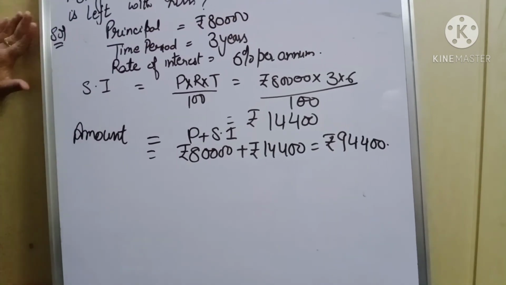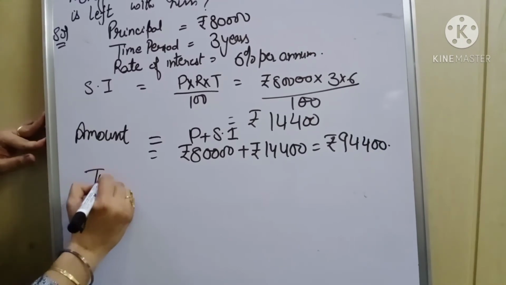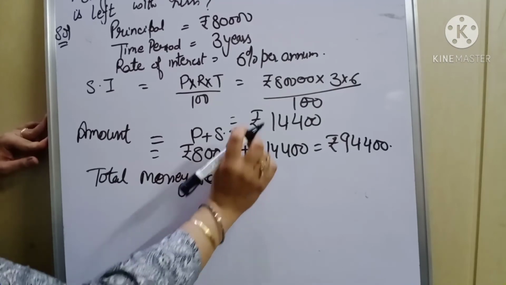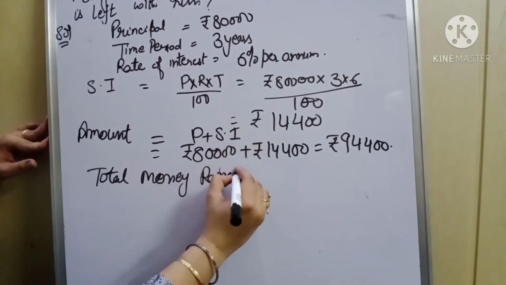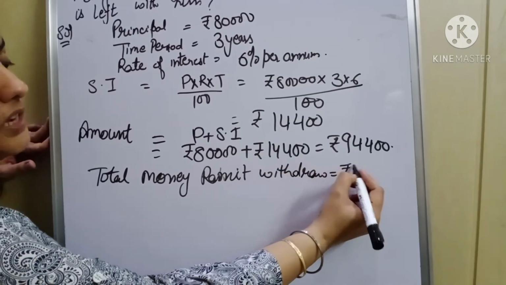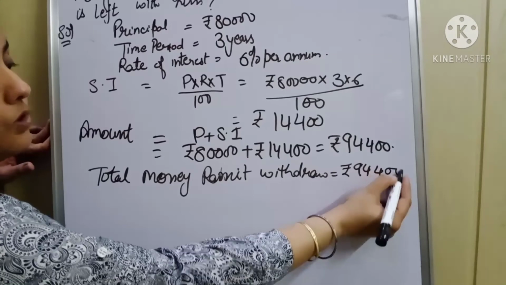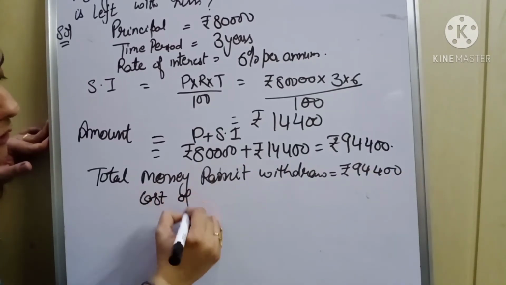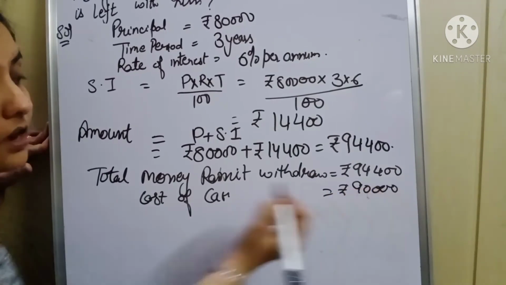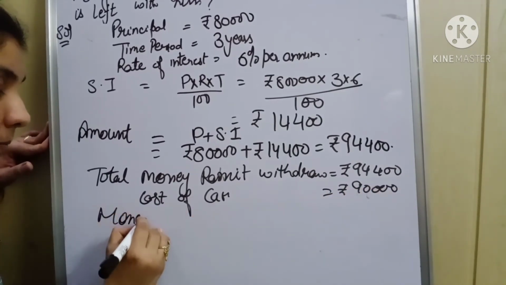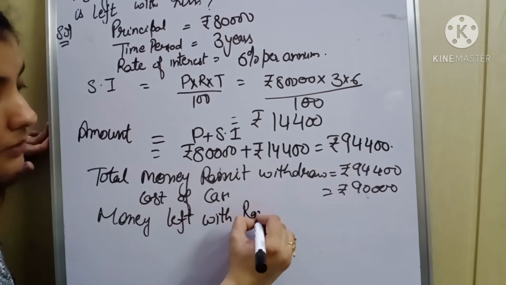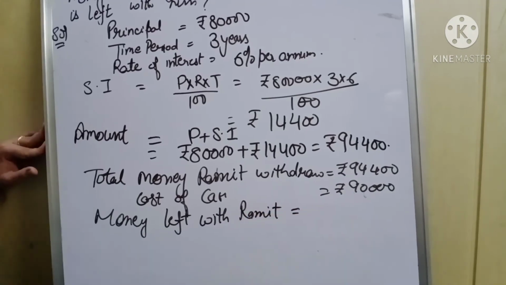First of all, we write the total money Ramit withdrew, that is equal to rupees 94,400. Cost of car, that is given to you, 90,000. Money left with Ramit.